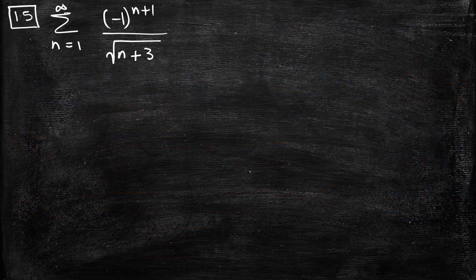Move to number 15. So number 15 is basically an alternating series. Before going into this test, I have to consider the positive series, which is the sum from n equal to 1 to infinity of 1 over the square root of n plus 3.